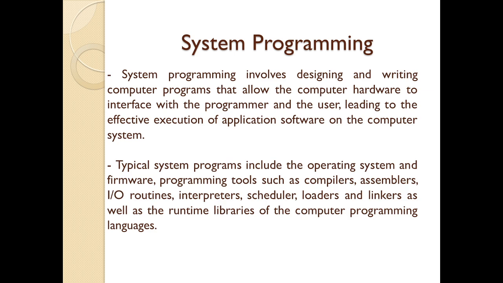So system programming involves designing and writing computer programs, and executing them with the help of application software and system software. Typical system programs include the operating system and firmware, programming tools such as compilers, assemblers, input output routines, interpreters, schedulers, loaders, and linkers, as well as some runtime libraries of computer programming languages.